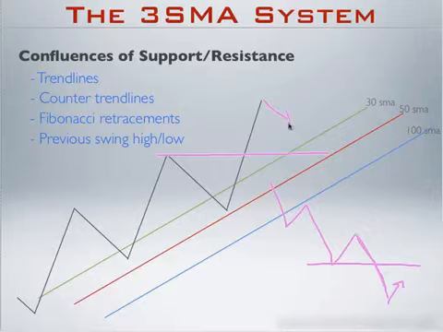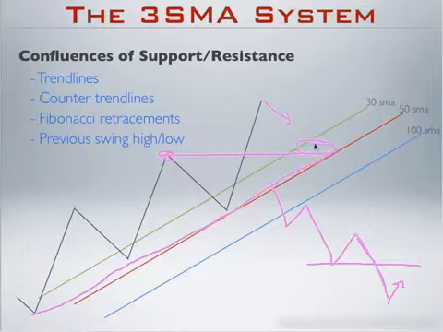Wait for pullbacks to see if we can get a bounce off that previous swing high. That's the ideal situation. Just as we search for bounces off trend lines and off a Fibonacci retracement, 38, 50, 61, we also look to get bounces off the previous swing high and low.